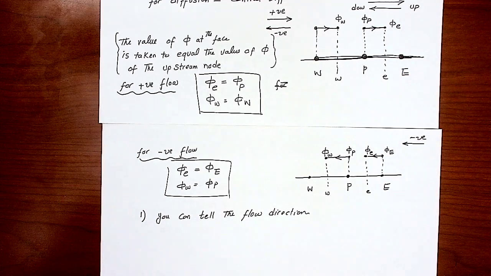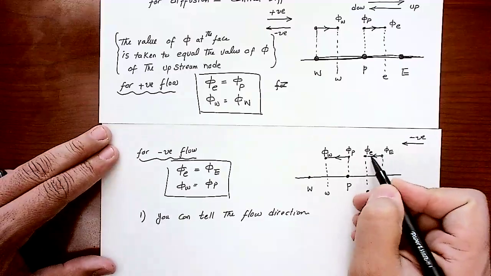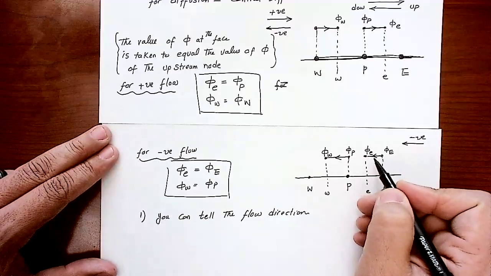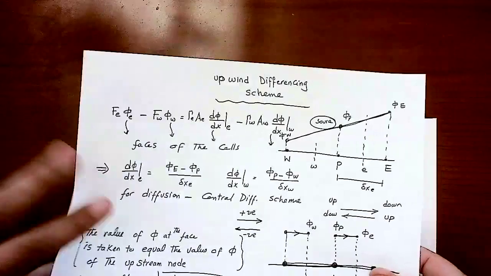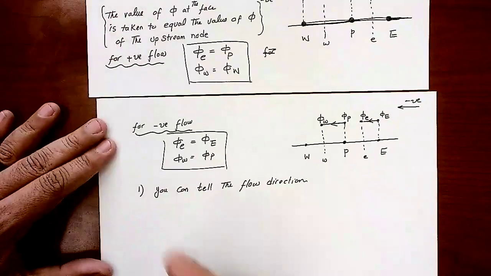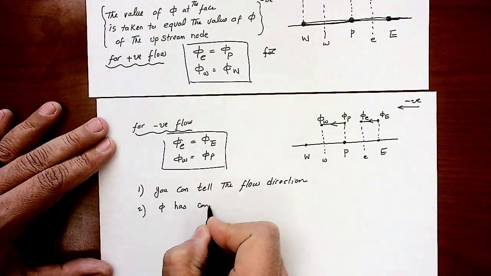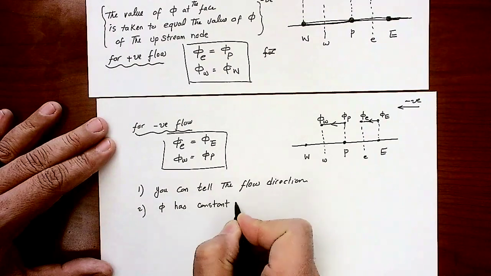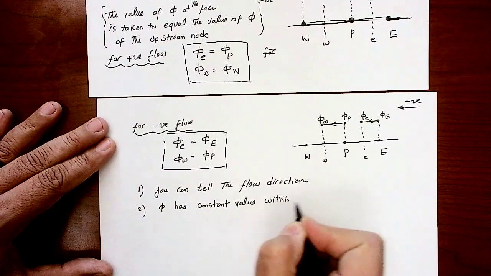But you see that the variation is not linear, it's constant actually. The upwind scheme here is not changing linearly like the diffusion term, right? It's assuming that phi has a constant value within the cell.